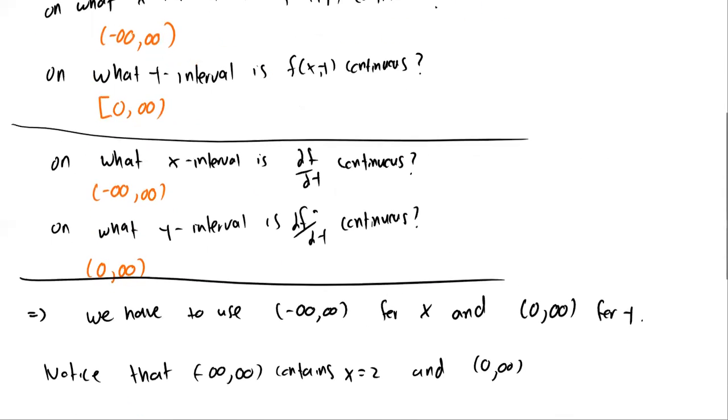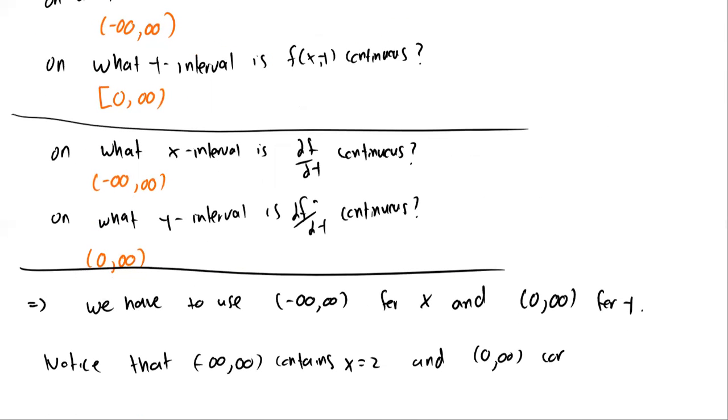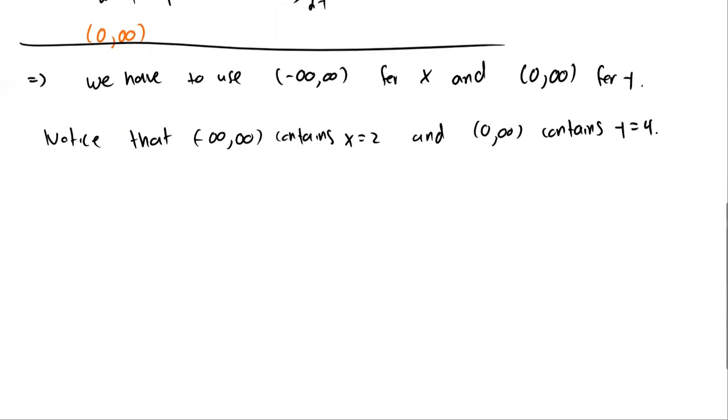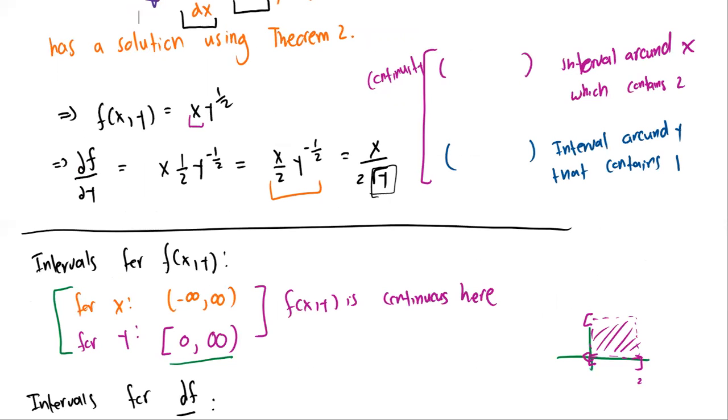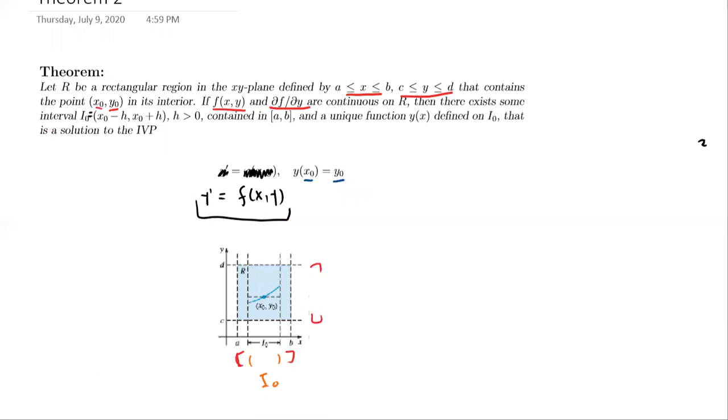Yeah. And 0 to infinity contains y equals 4. So, by theorem 2 in section 2.4, we're guaranteed that there is an interval about x equals 2 on which a solution exists.